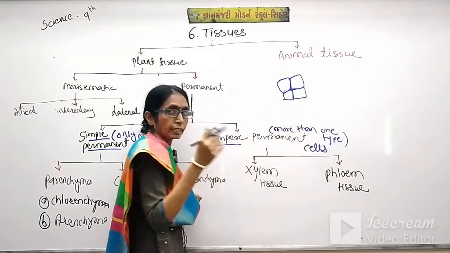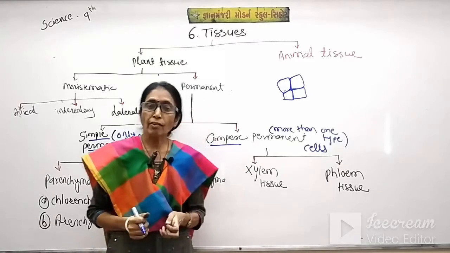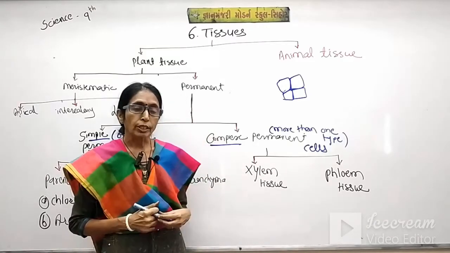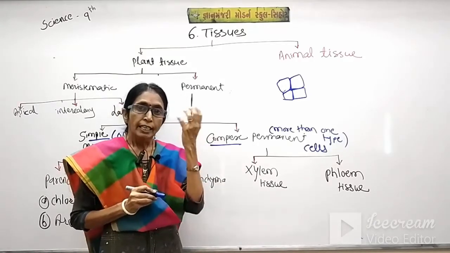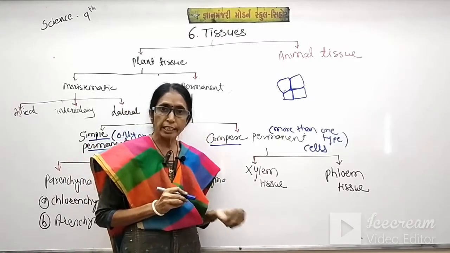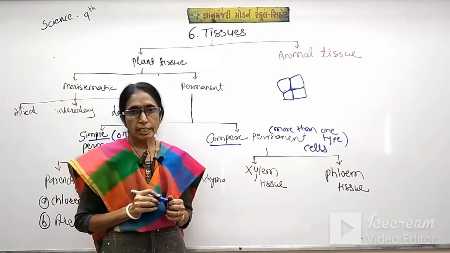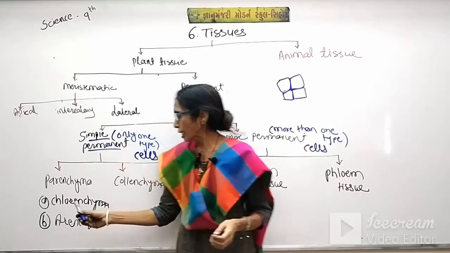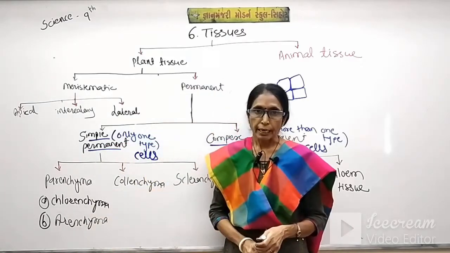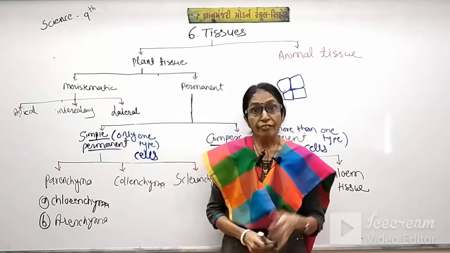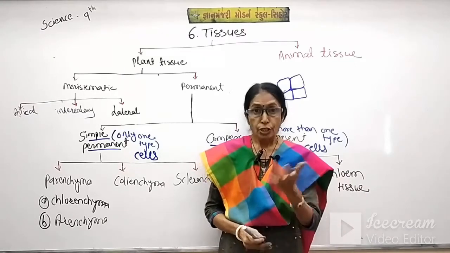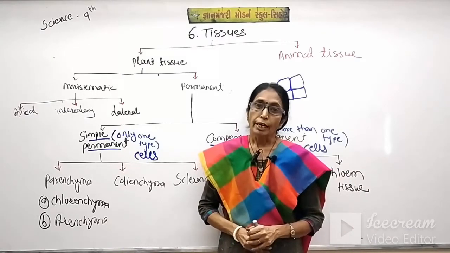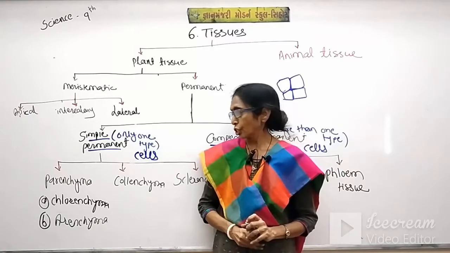There is no space because their walls are very thin. So they have very little or negligible intercellular space. Thus we are talking about the parenchyma. They have different shapes: oval, circular and also polygonal in shape.